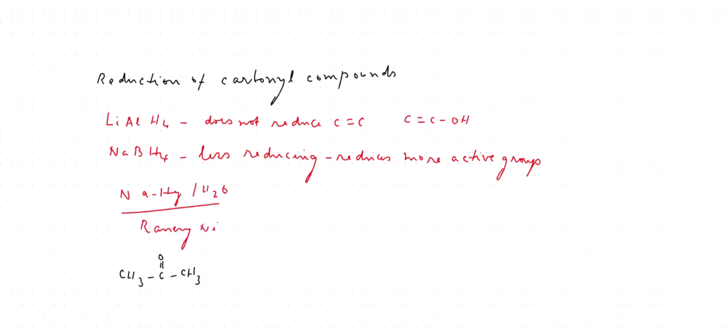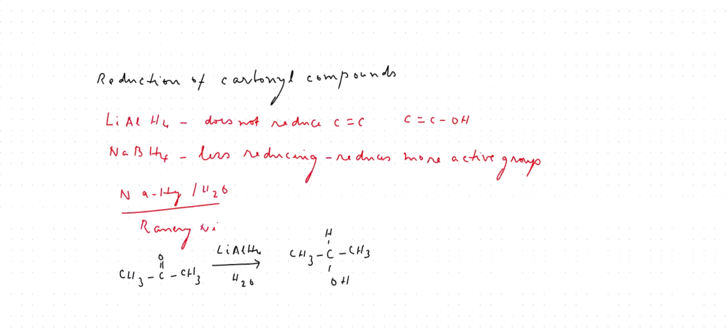When it is reduced in the presence of lithium aluminium hydride, in presence of water, you are getting CH3 CHOH CH3, propan-2-ol.